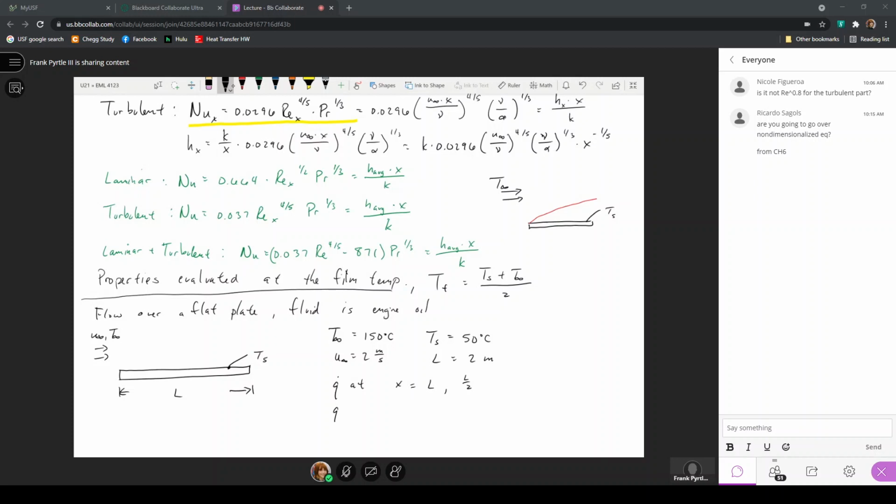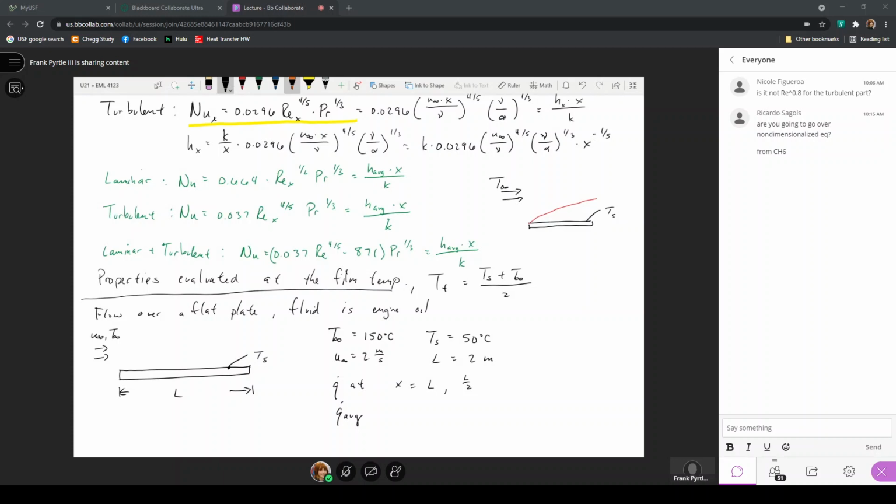And here we'll consider what is the average heat flux. Now, the average heat flux is the heat flux that exists over the entire length of the plate, whereas the heat flux at a position is just what we call a local heat flux.